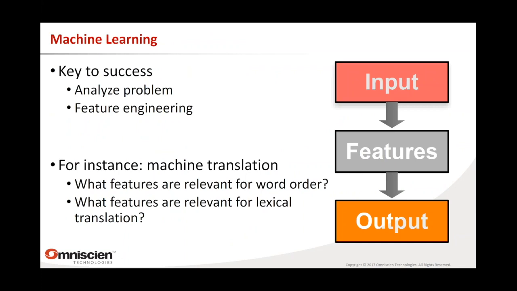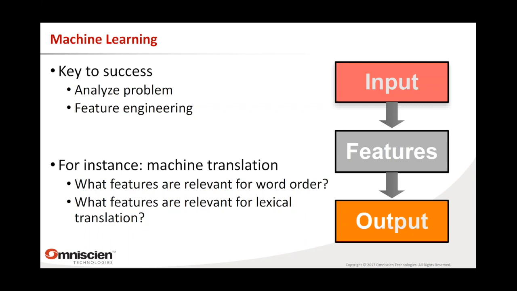In machine learning, the key to success is that you have to analyze the problem and then come up with really good features. So for instance, in machine translation, a lot of work has been going into what kind of features are relevant for word order. For instance, reordering might be more driven by grammatical constraints, by knowing what a verb and an object is.